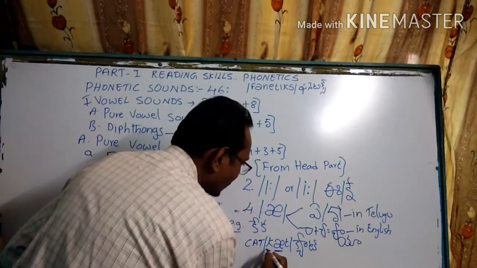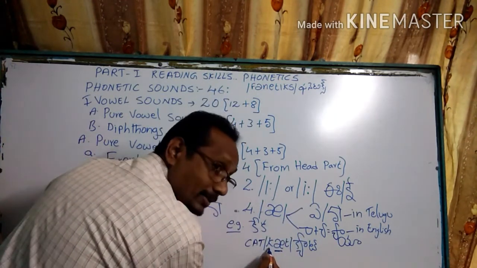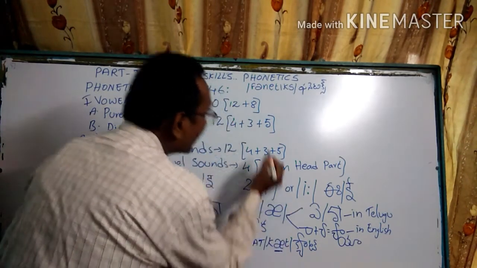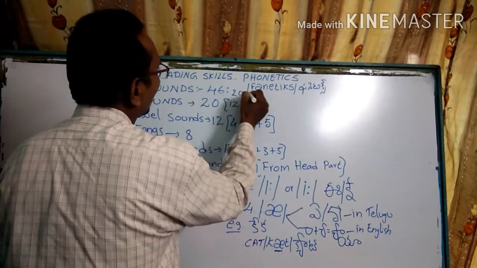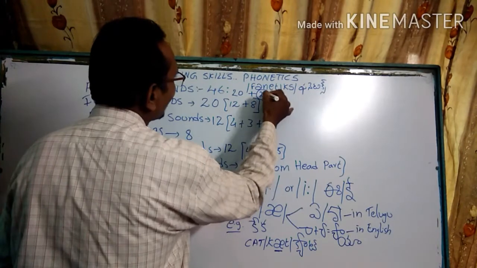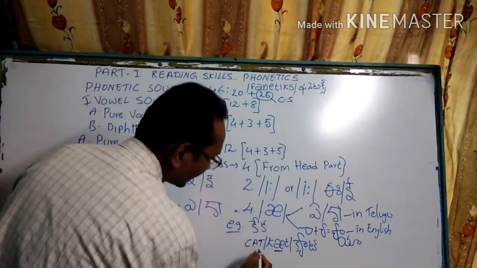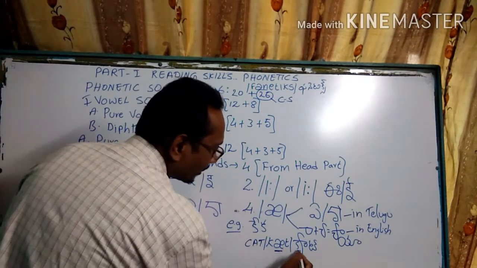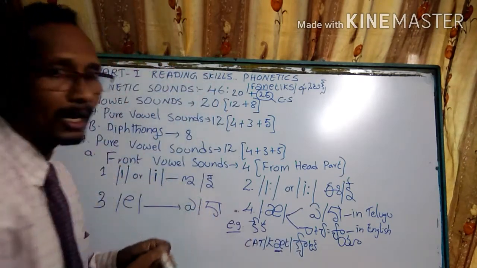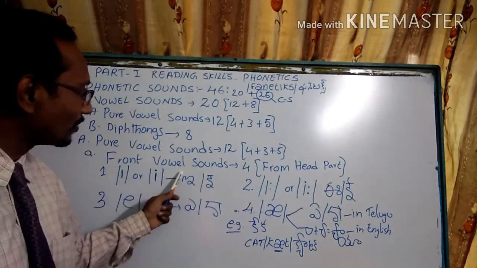So this sound is applied before the consonant sound K. So when you see after the 26 consonant sounds written this symbol, then your pronunciation should be applied in this way. So these are 4 sounds regarding the front vowel sounds.